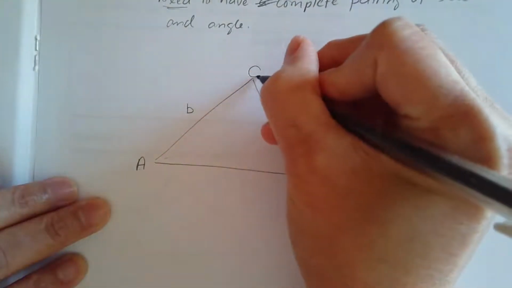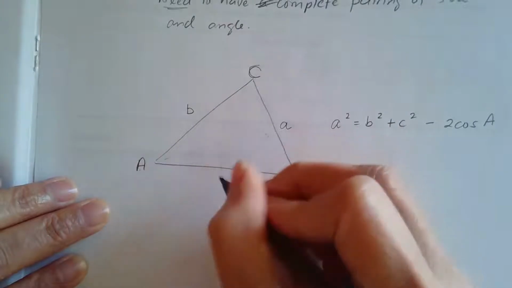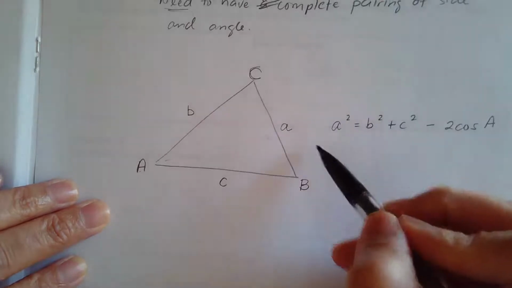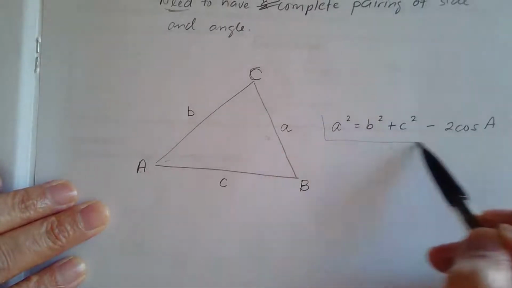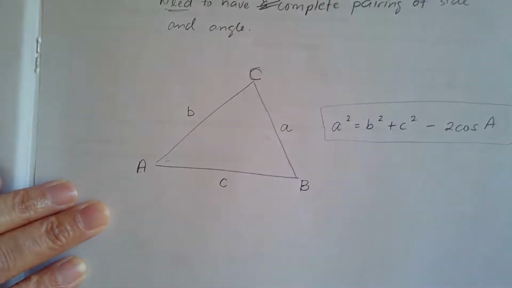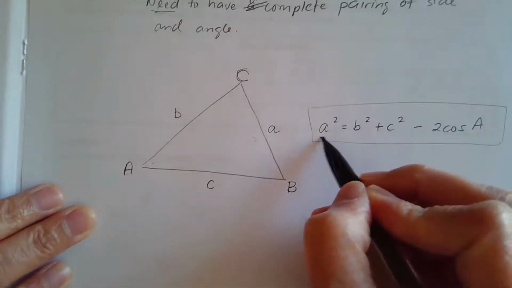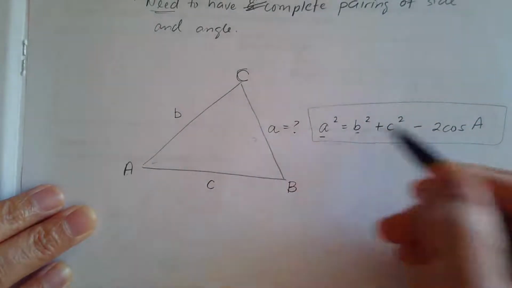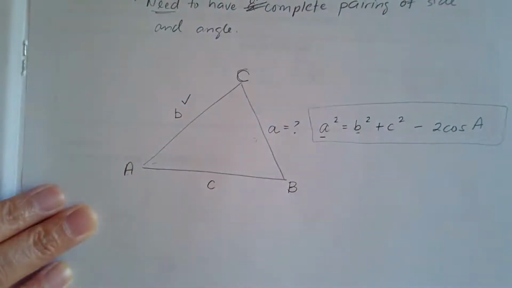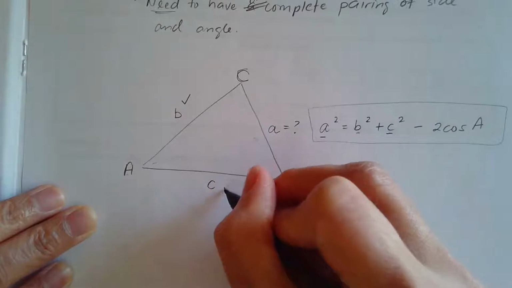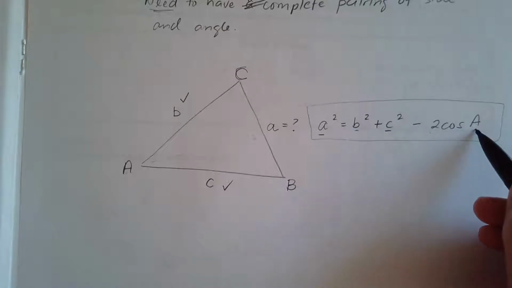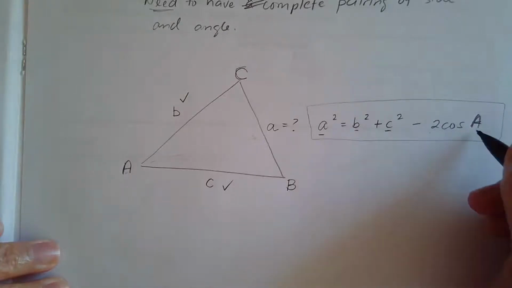If this is my angle C, then it opens to side c. We're solving for a, which is what's missing. Then we need a b and a c, and then 2 cosine of angle A. Cos is a function, so it's not an actual number without the angle A. So angle A is here.